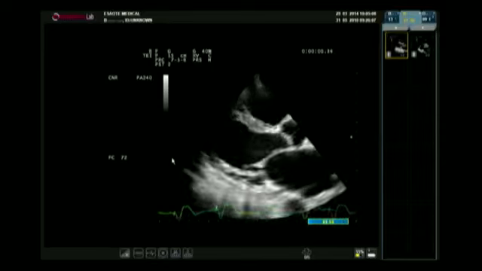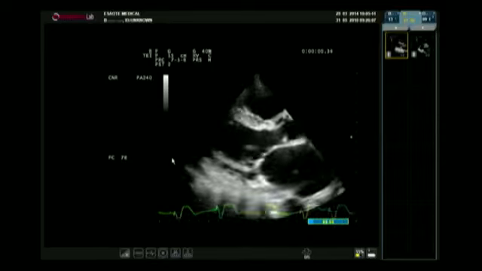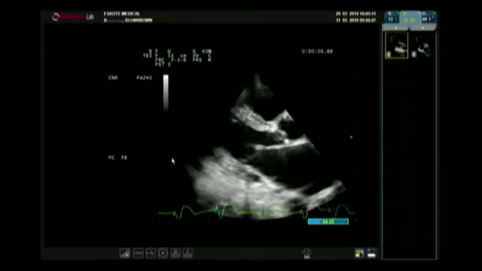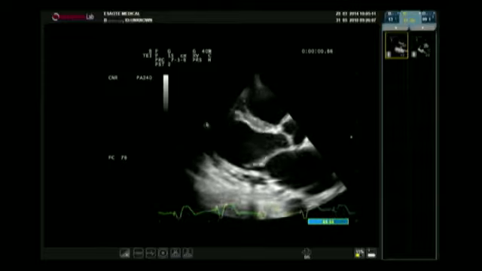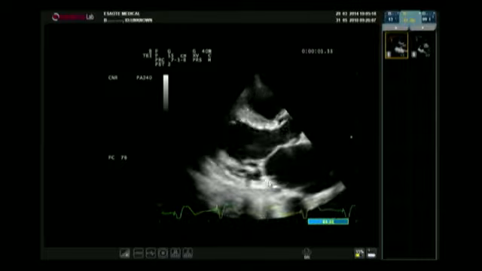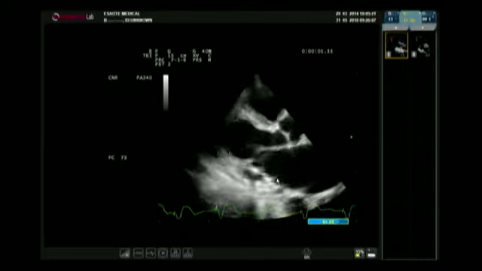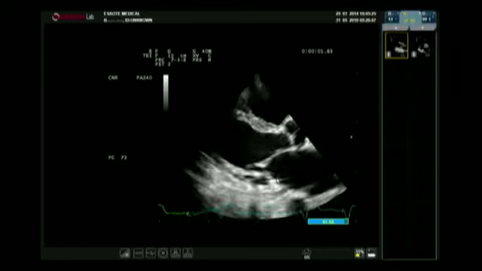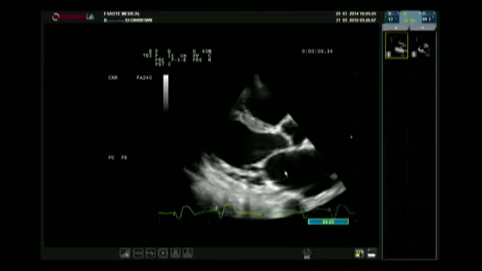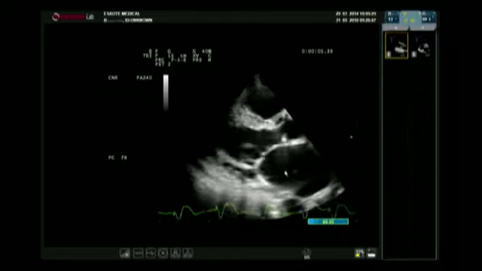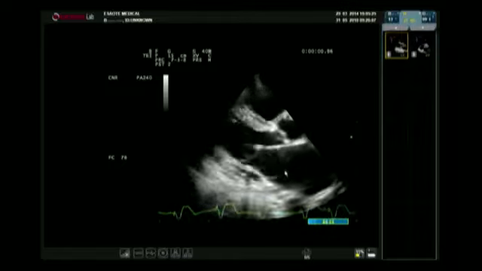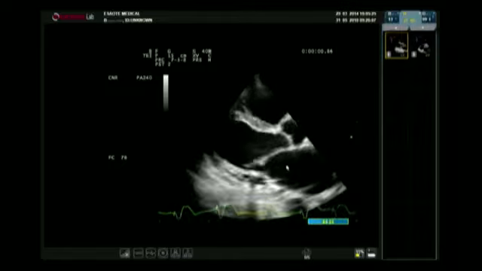From the parasternal long axis view, you should also give a look to valves. So you should assess aortic cusps and mitral leaflets, calcifications and opening. First of all, you have to get this impression, morphological impression, to understand whether that can be a reason for a valvular heart disease and eventually establish the mechanism.